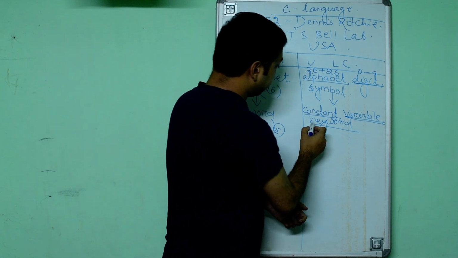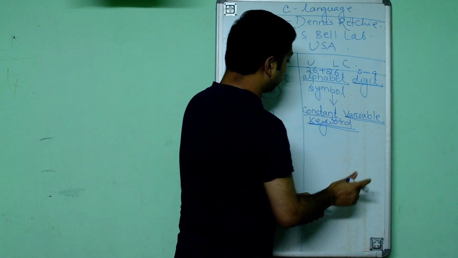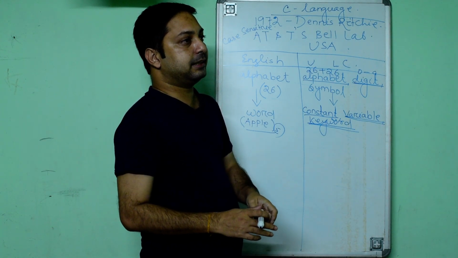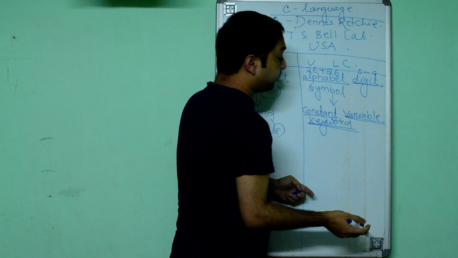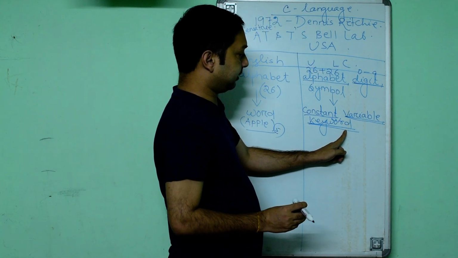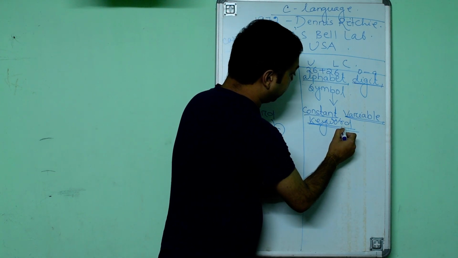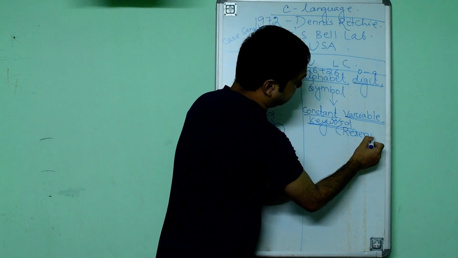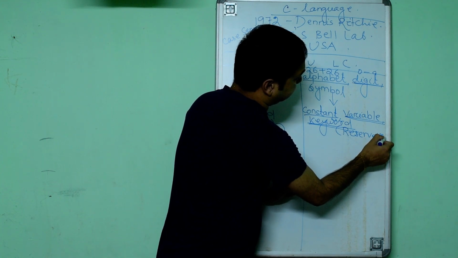The next important token of a programming language is the keyword. What is a keyword? A keyword is basically a predefined word whose meaning is known to your compiler, and it is otherwise known as a reserved word.